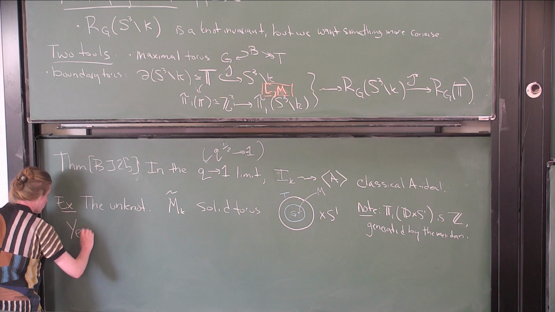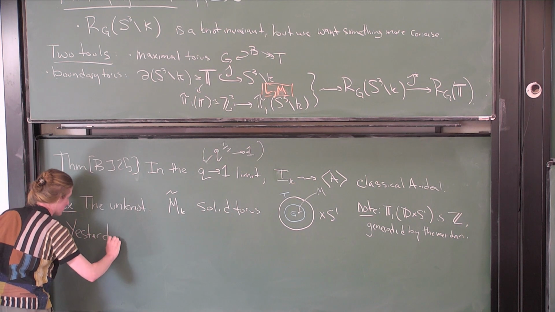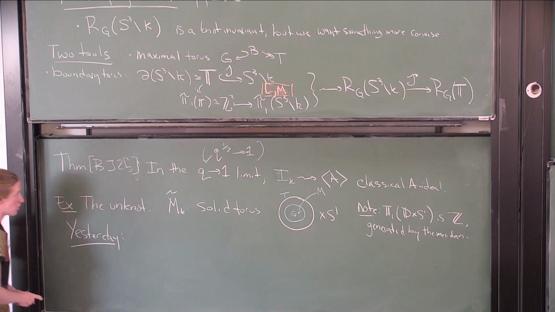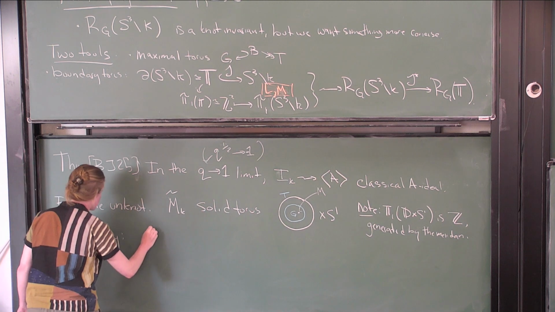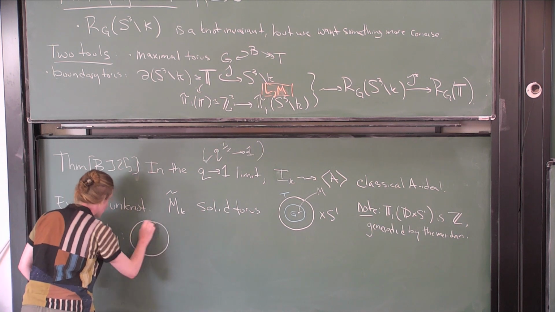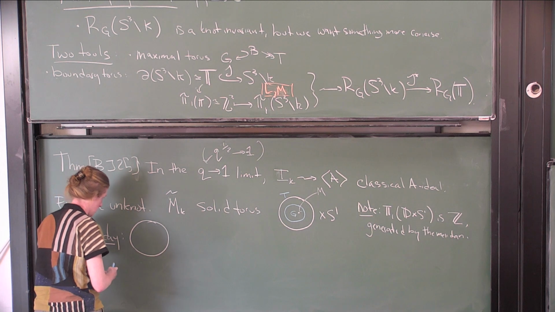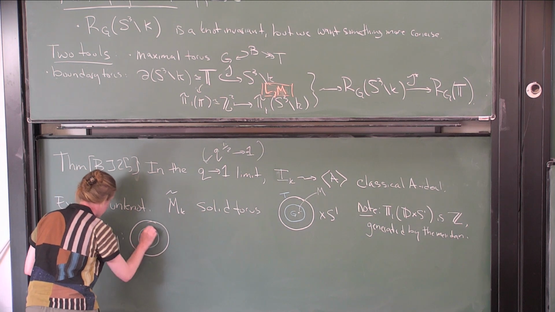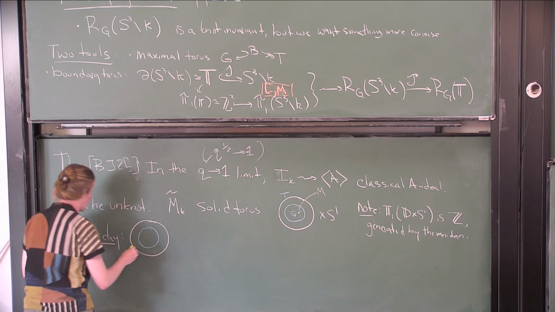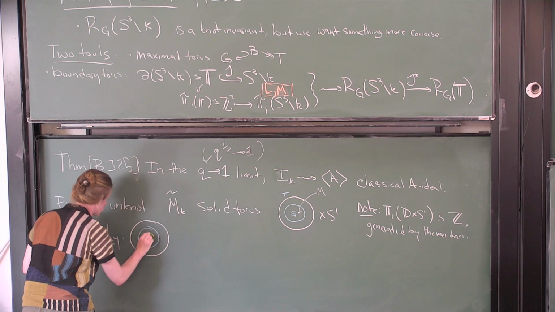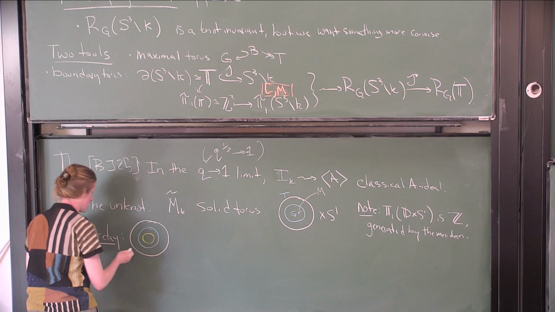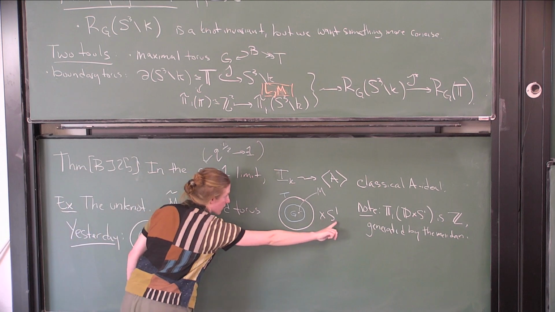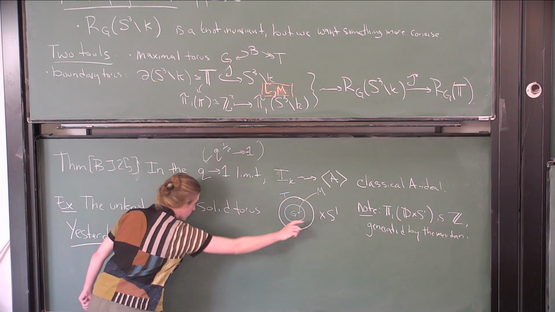Yesterday, what we saw is that if I take my defect in here, and I look at this thing, all going to be across the circle, but I'll stop writing cross circle.